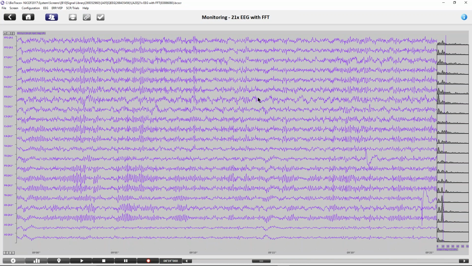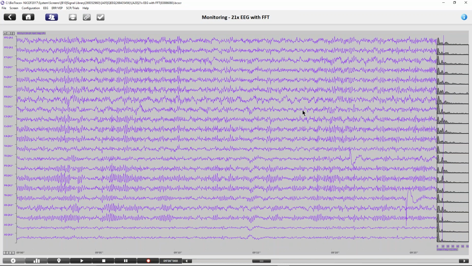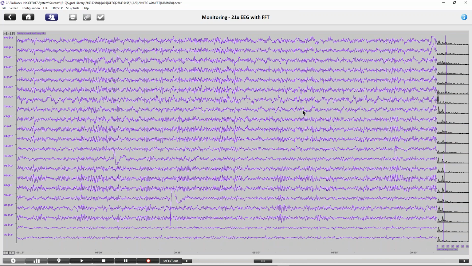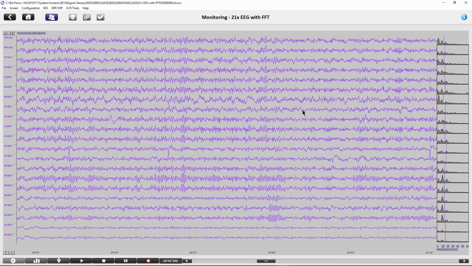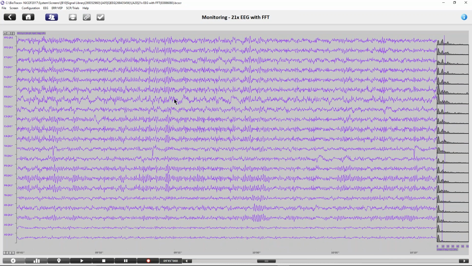This is a little bit of a pulse artifact. It's just the pulse wave showing up in the EEG. It's not really an electrical artifact, it's just a physical movement artifact. And so this is going to produce what looks like delta in the resulting recording. So that's something we would have to explain in our narrative report.